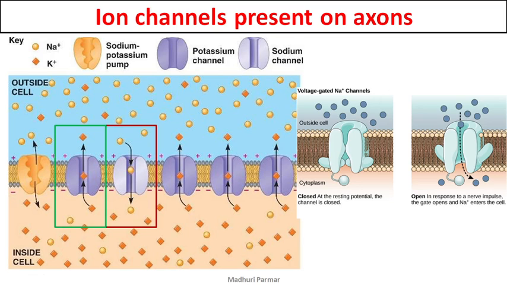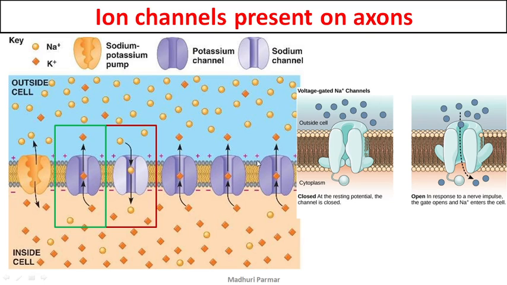There are one or two few more channels. For example, voltage gated calcium ion channel. There are some calcium ion channels which are present at the axon terminals. So when we discuss axon terminal, at that time we shall cover the calcium ion channels. Clear? But this much should be clear. These neurons and muscle cells, they are excitable. Excitable means that across their cell membrane, you have a charge difference.